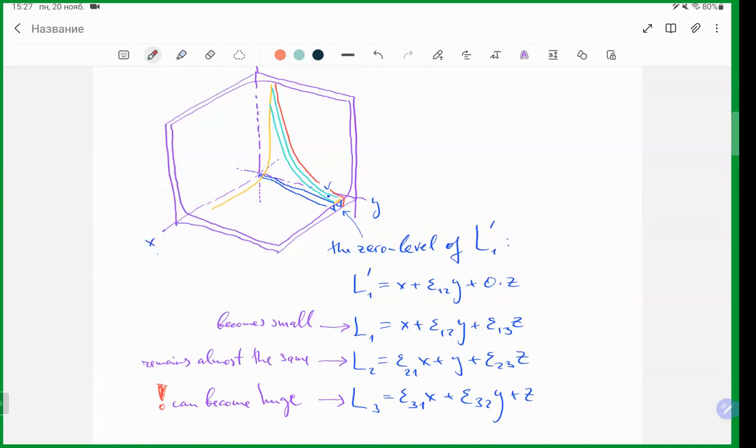So this is the zero level of L1, right? So it can happen that we'll have something like this.